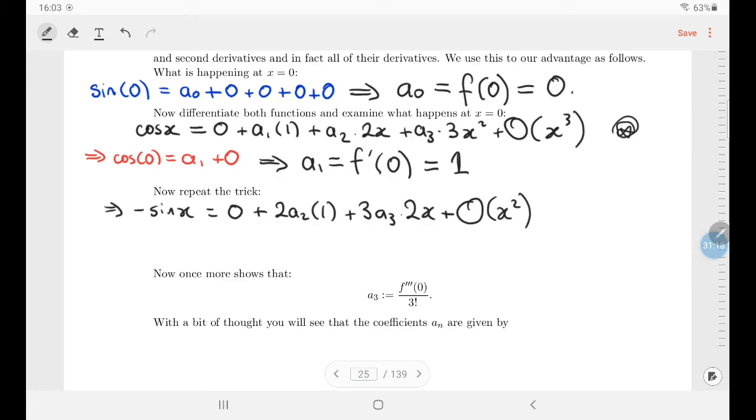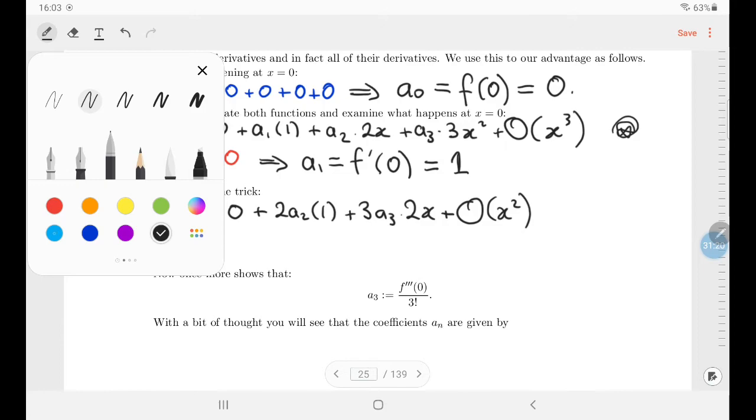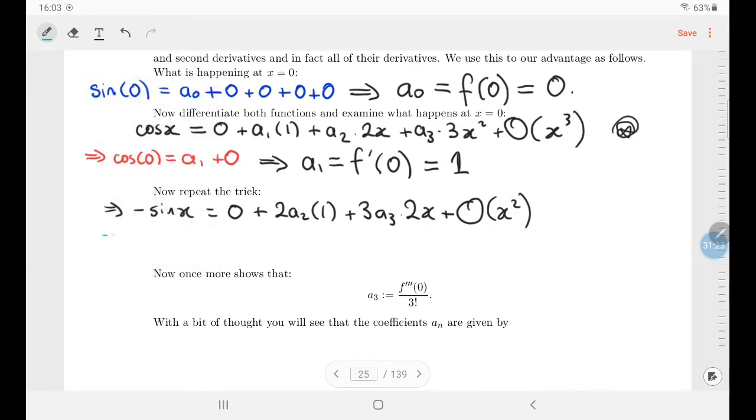Substitute x equal to 0 into both sides, and you get minus sine of 0 is equal to 2a2, because at x equal to 0 the other terms are all less than a multiple of 0 squared, so they're all 0 as well.